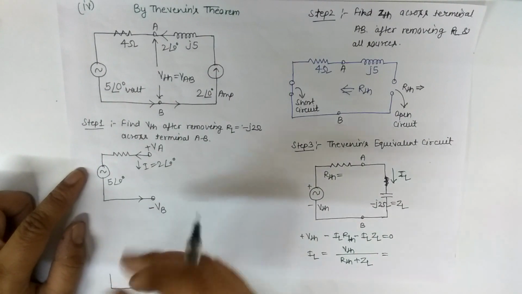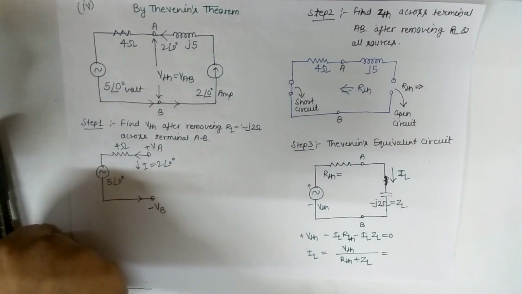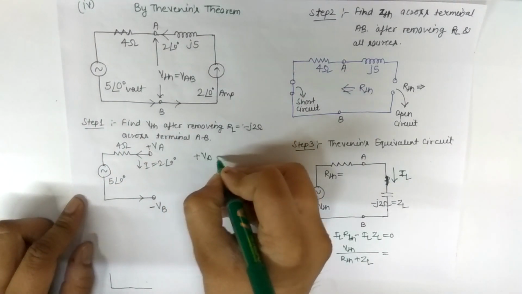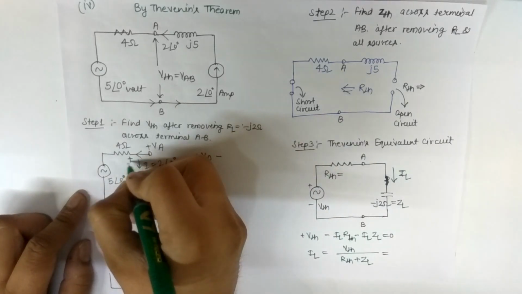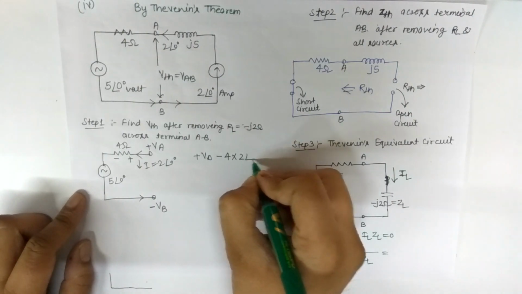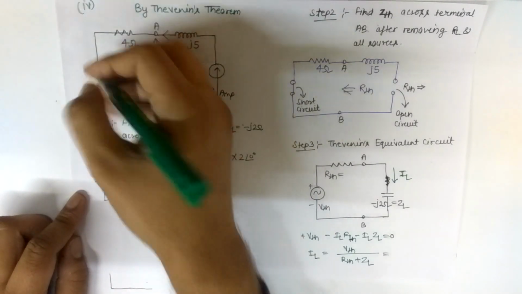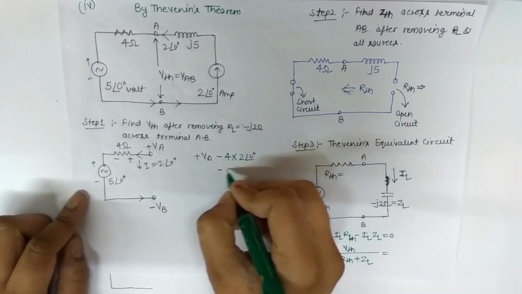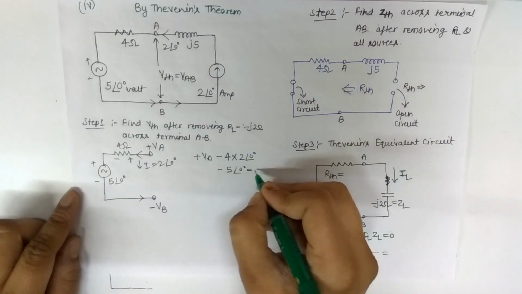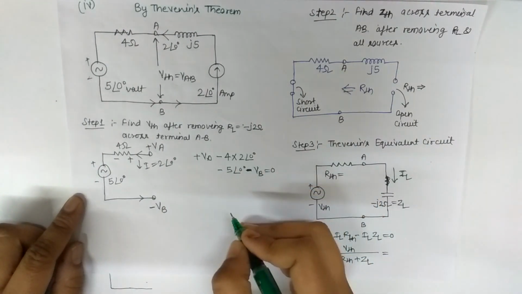So apply here KVL. Start from here, high potential, that would be plus of VA, and minus, this is positive, this is negative, minus of 4 into I, which is 2 angle 0 degree, and here this is positive negative, we all know already. So minus of 5 angle 0 degree minus VB is equal to 0.